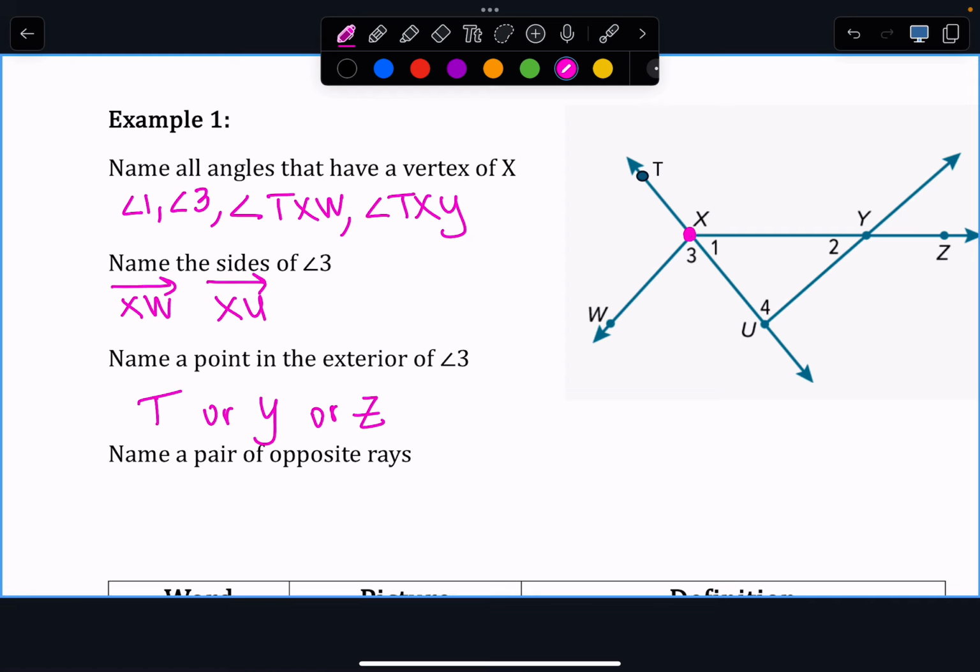There is only one answer that you could have written for a pair of opposite rays. Charles? Ray XT and ray XU. Yep, because there aren't opposite rays anywhere else. We have a bunch of segments in there.